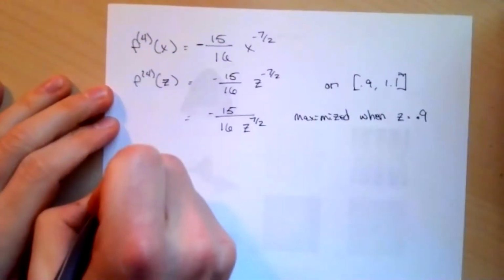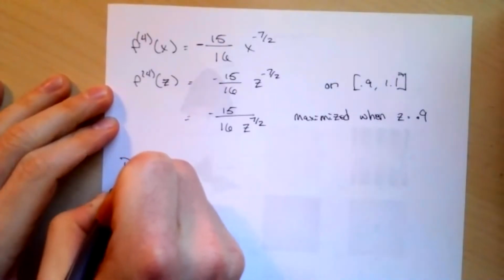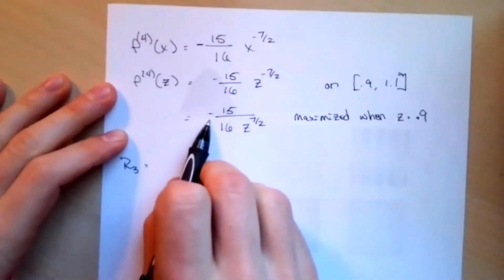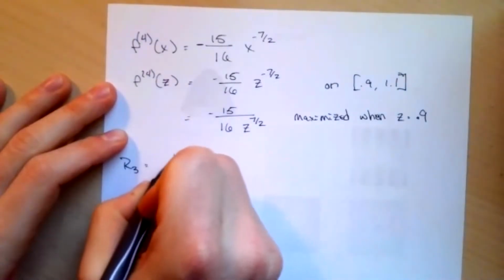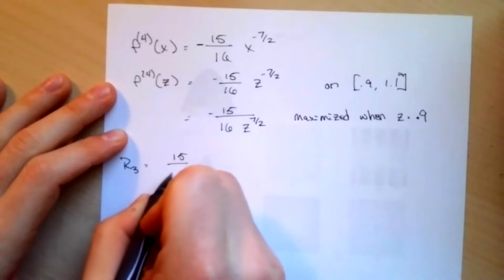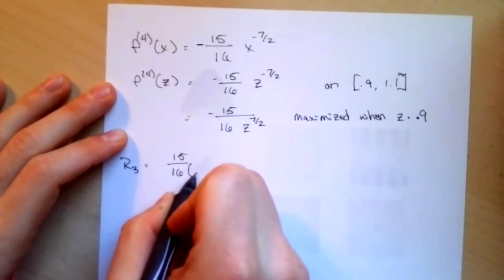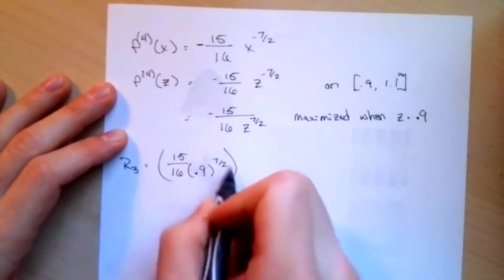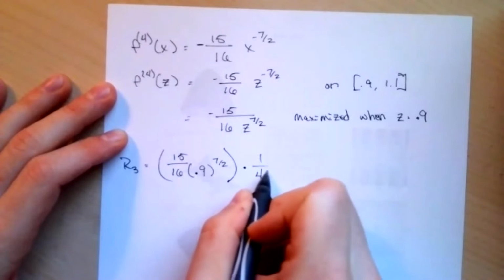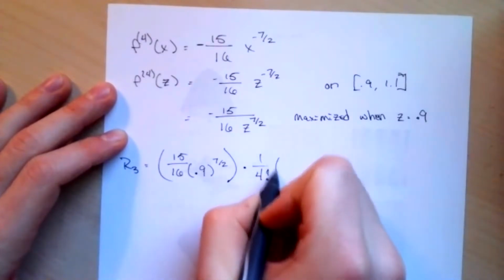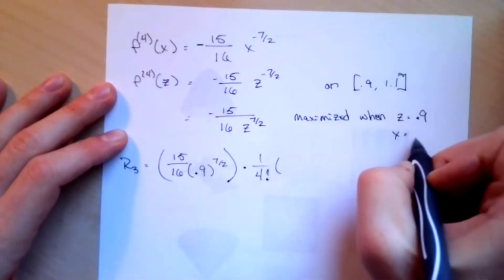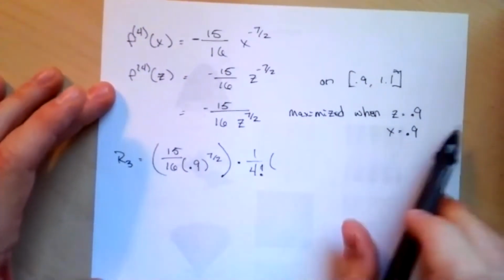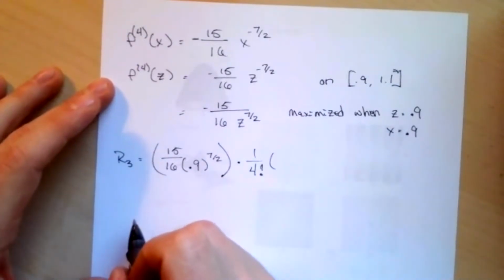So our overall expression is going to be, and we want the absolute value of it, so the minus sign is going to go away. We'll have a 1 over 4 factorial, that's a constant, and then the x we'll choose as that endpoint as well, since technically we need z in between x and 1.